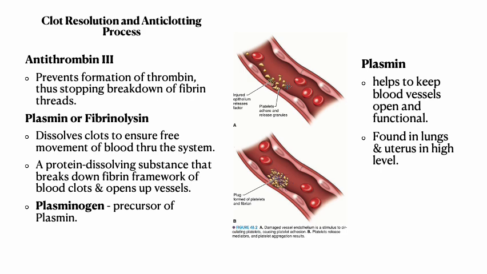Then, last but not least, is plasminogen, which is a precursor of plasmin. This plasminogen is made in the liver and is found in the plasma.